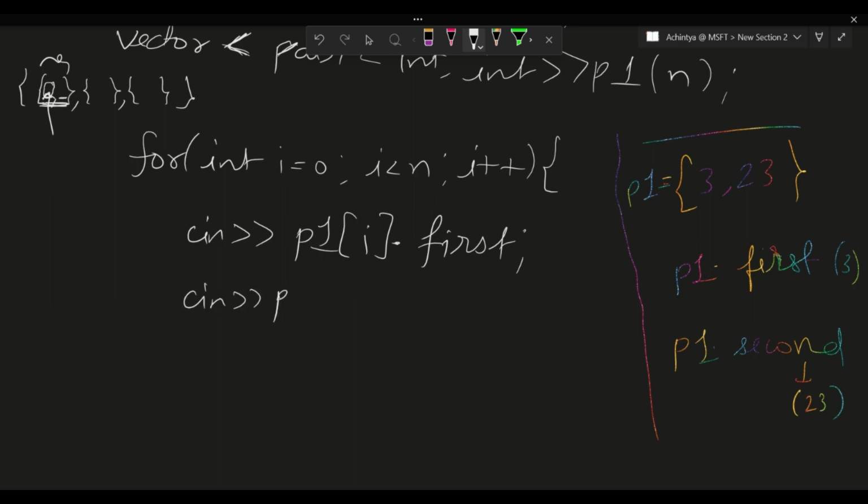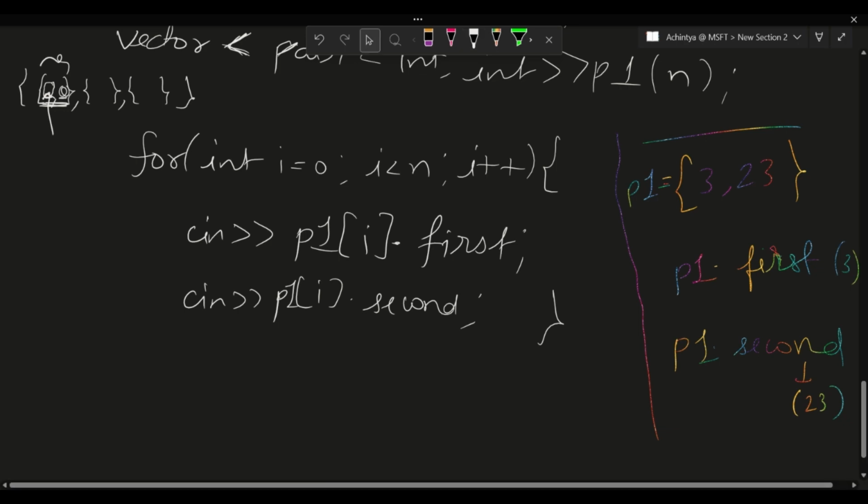Similarly, if I write cin of p1 of i dot second, it will access this part. Just done. This will store the whole vector of pair. That's why I was saying going with a 2D array would be a bit complicated, and this is an optimized data structure. So please try to use vector of pair instead of a 2D array.